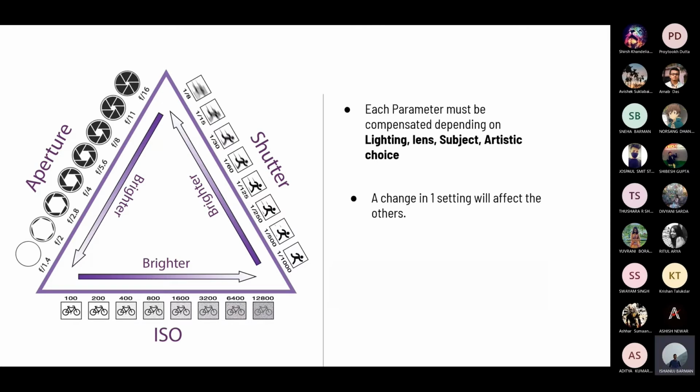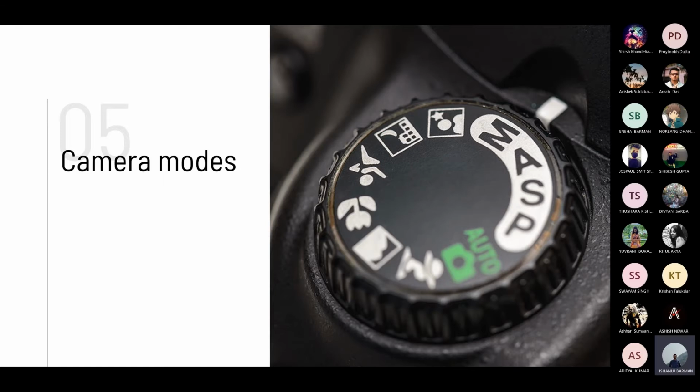And going to camera modes. There are different camera modes in your camera, but the common ones are M for manual, A for aperture priority, S for shutter priority, and P for programmed auto.